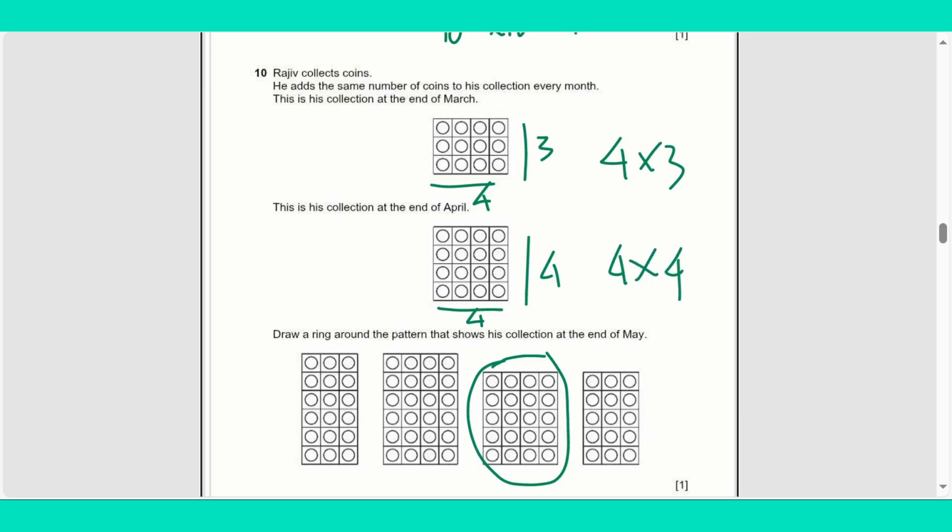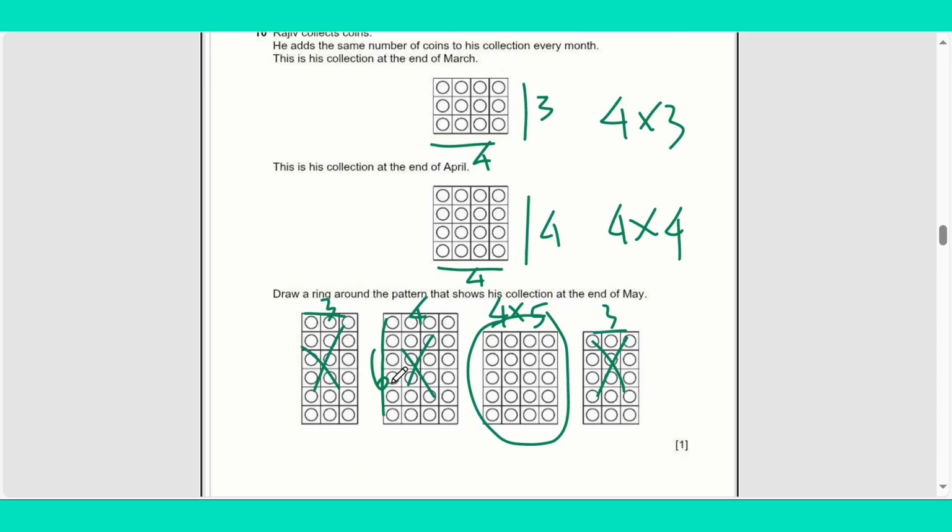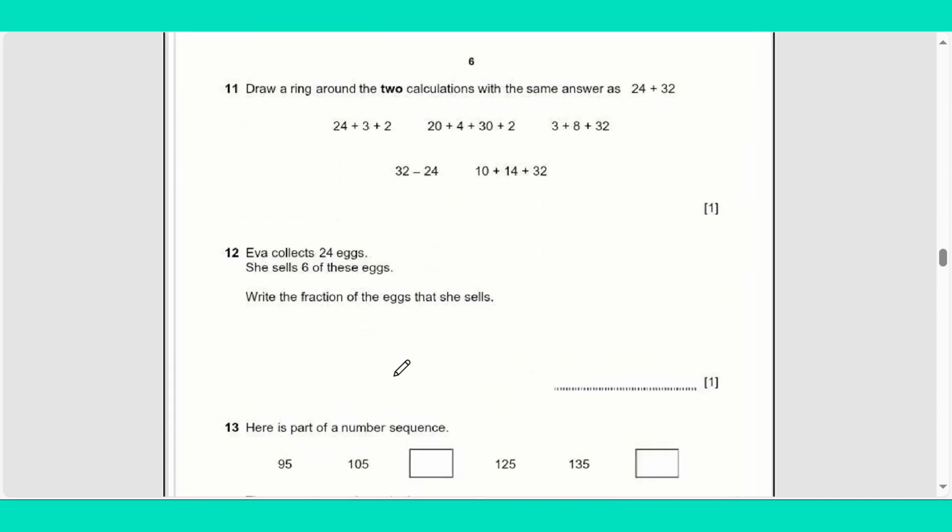The next pattern should be 4 times 5. So 4 times 5; this is 3, so this is wrong, this is 3, this is wrong, and this is 4, but this one is 6, so this is also wrong. Alright, let's move on. Number 11.